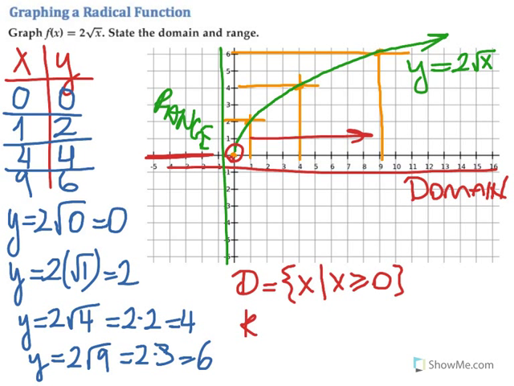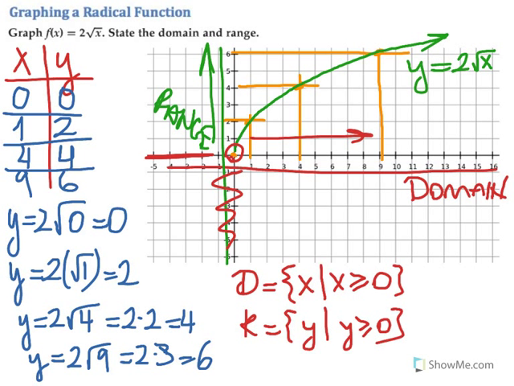And for the range, I'm going to check the y values. There is no y value here in the negative part. All the y values are here at the positive part. So the range will be y values such that y is greater than or equal to 0.